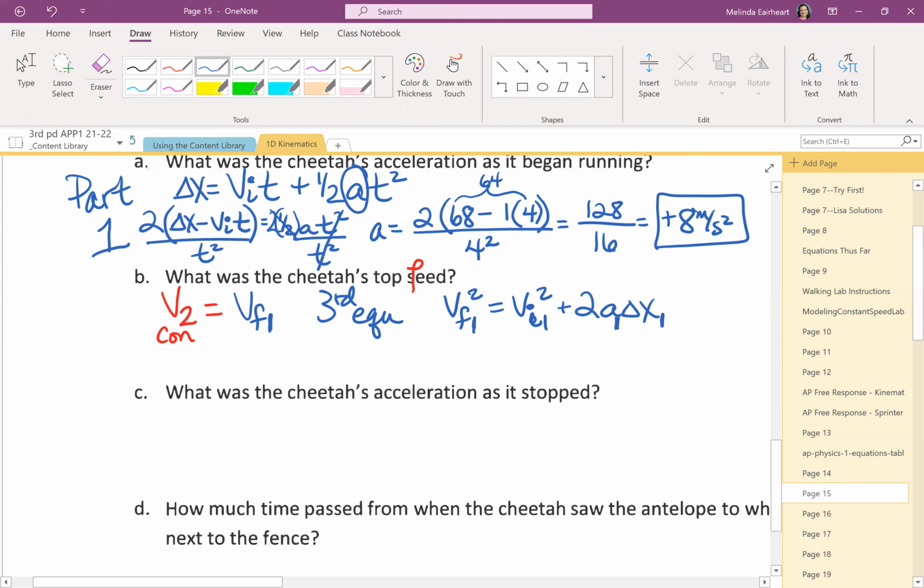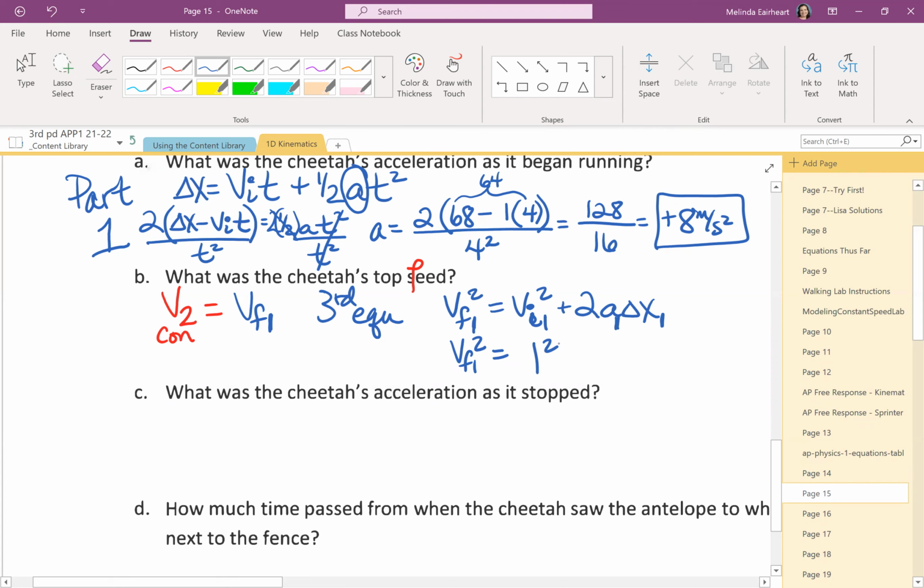If you want to put a subscript for all the ones, just to remind yourself, yeah, we're solving for a part 2 answer, but it's the final velocity of part 1, okay? So it's already solved for VF, but I'm going to leave the square for now. Initial velocity of part 1, that was the given, 1.